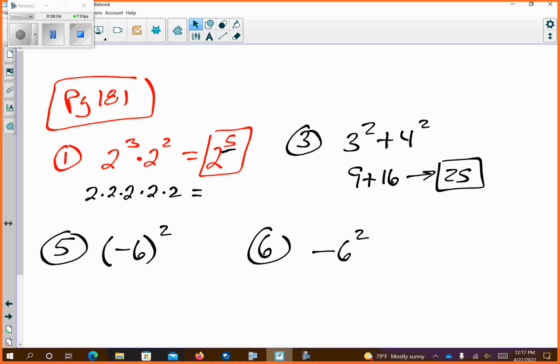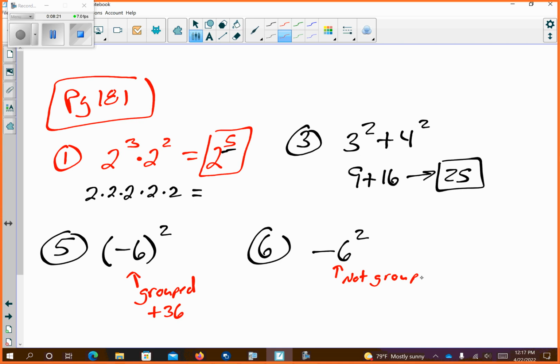So, sorry, Jan. All right, so the big thing to remember with this one is grouped, and it results in a positive answer. This one is not grouped, and it results in a negative answer. Okay?